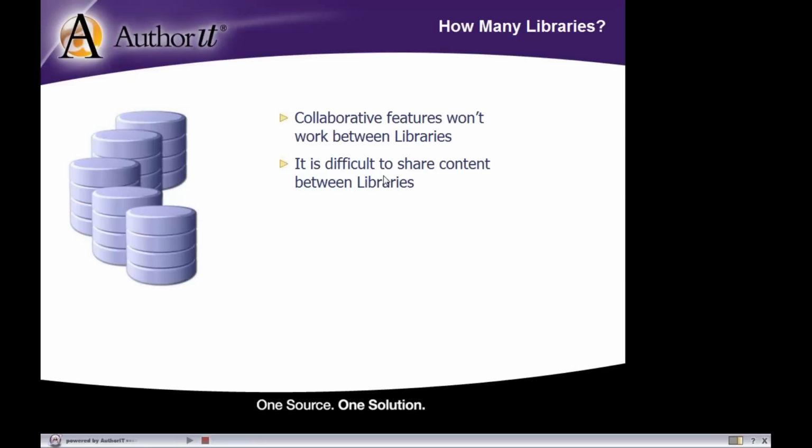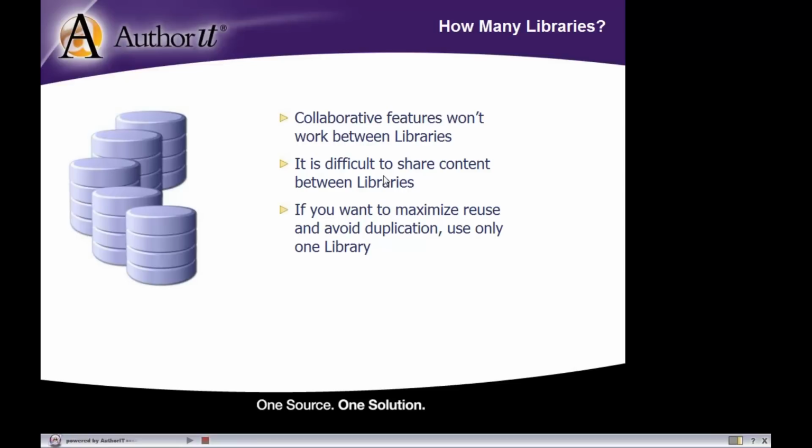You can technically import and export content from one library to the other, but you're going to make your authors' life very complicated if you have content strewn across multiple libraries. And again, we're here to set up the authors' life to make it much easier and faster for them to create documentation. So why would you put those barriers in place for them to share content and also work collaboratively within the team? So again, that's one production library, hopefully on SQL Server.